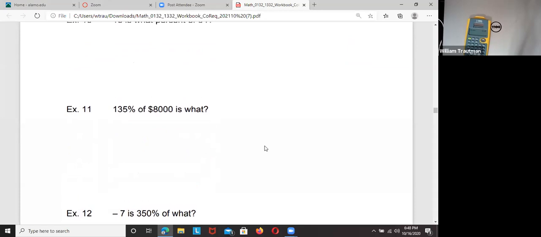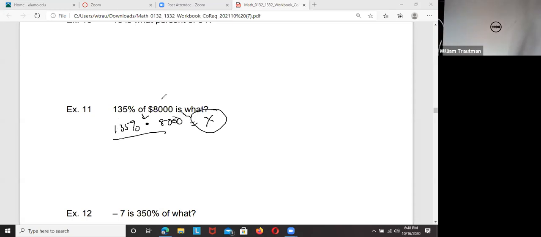Okay, let's do number 11. 135% of 8,000 is what number? So we don't have to take anything to the other side because the x is by itself. We just have to put that in our calculator.